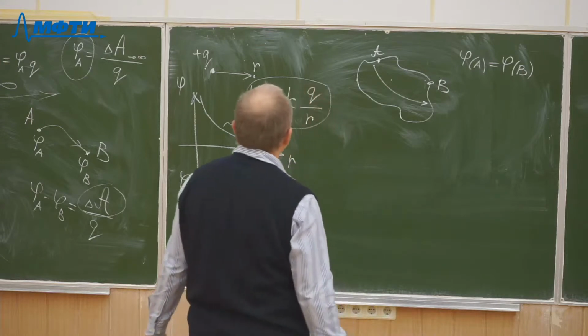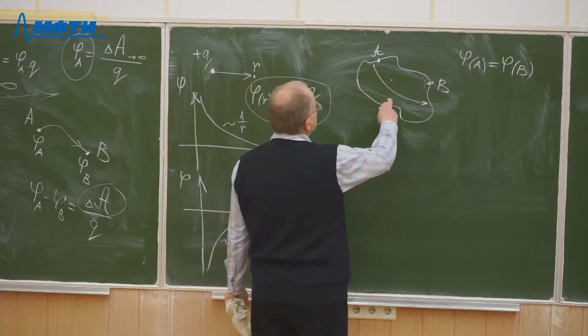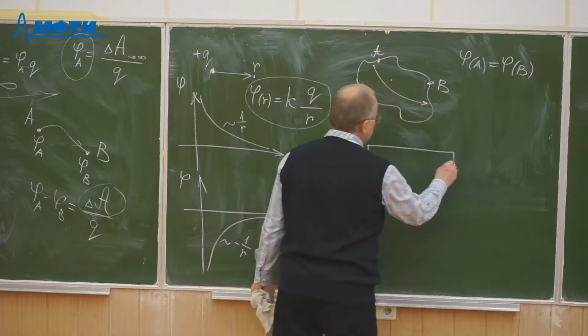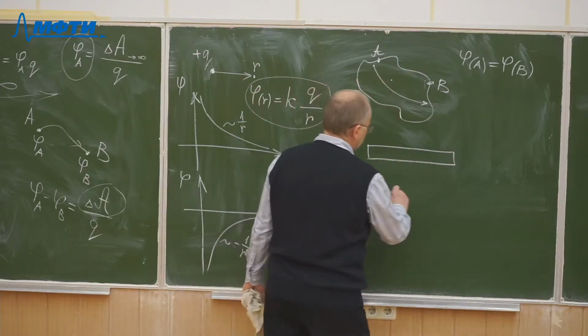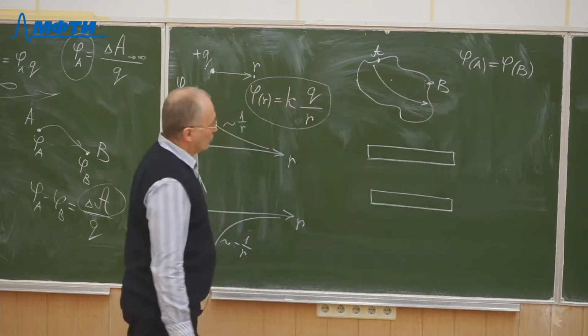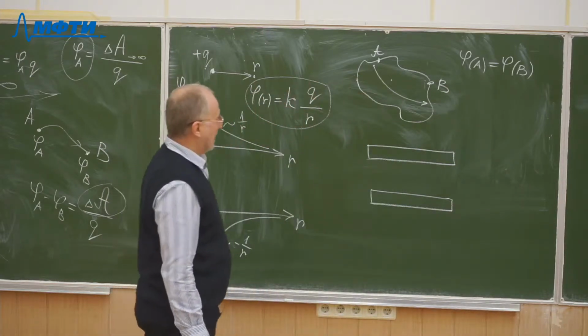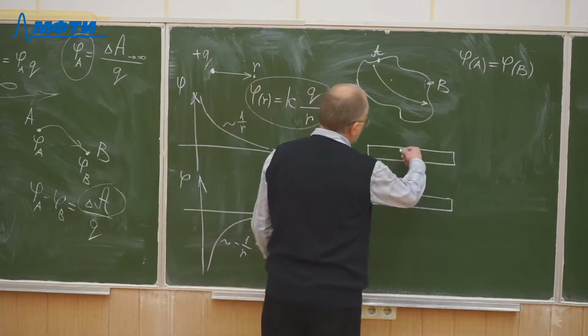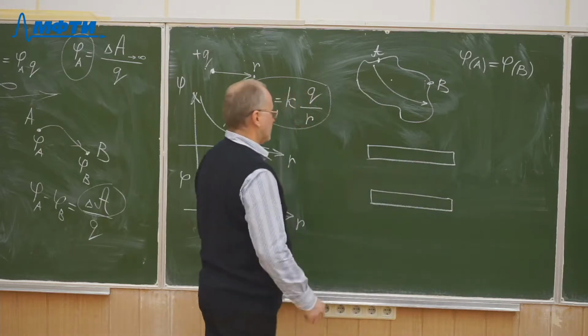And if we take an electric conductor in a special form, like a metal plate and another metal plate, then 2 parallel metal plates will form a capacitor.